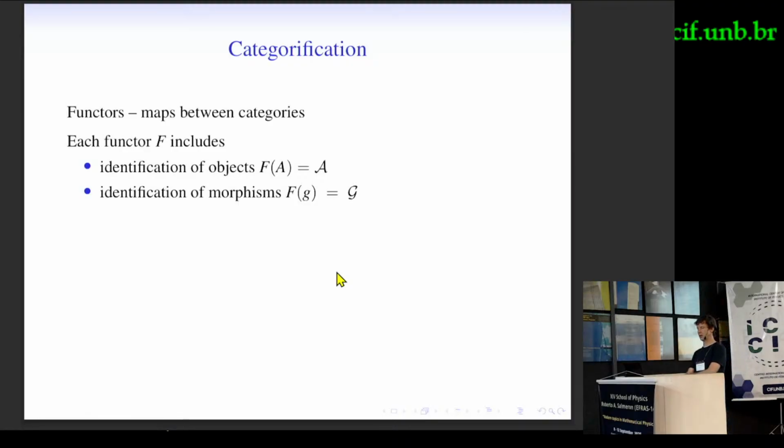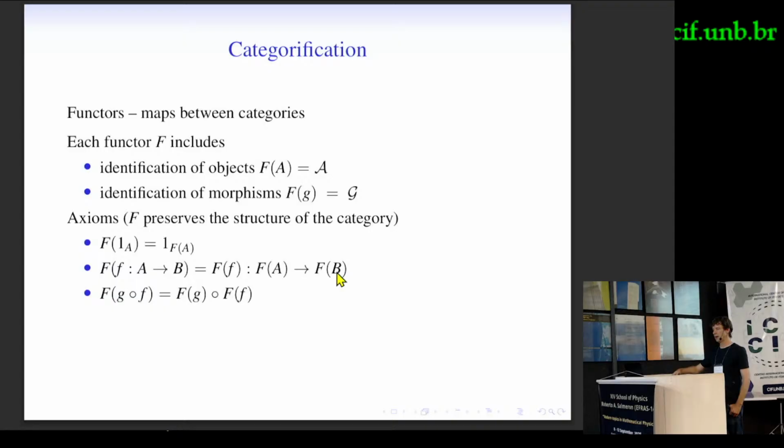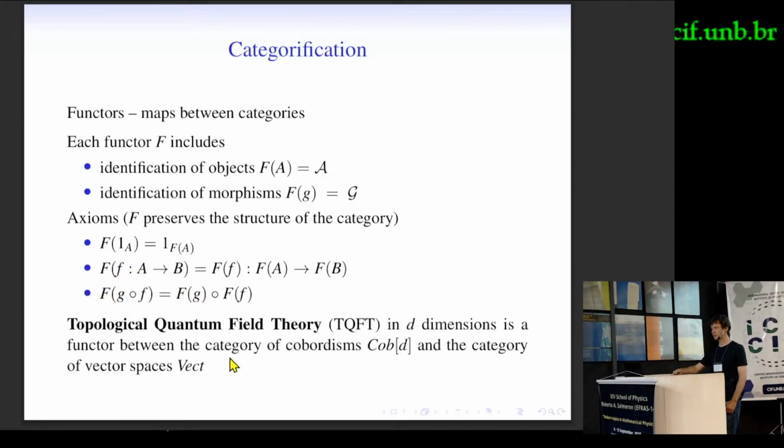So they should preserve the structure of the arrows in every category. And then they should map identity morphism to identity morphism. The functor preserves the morphisms, and then it should also preserve the composition of the morphisms.